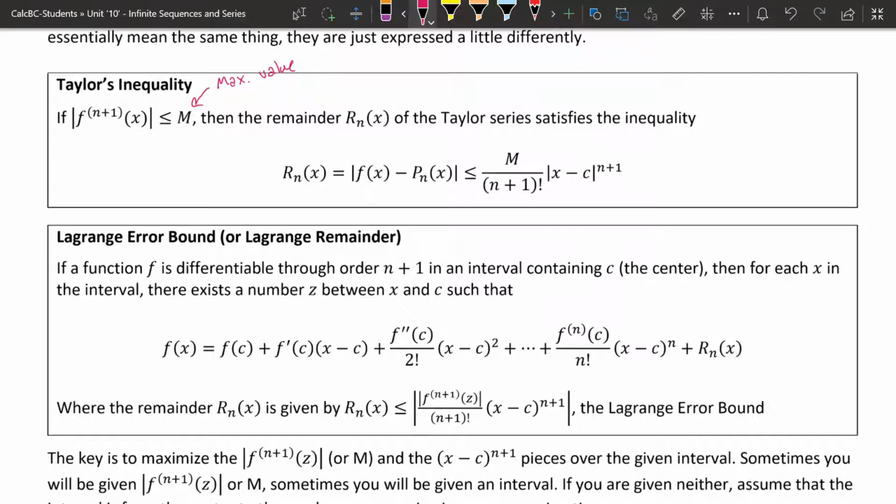You'll notice that should look pretty familiar, especially the right side of that inequality, as just a term in the polynomial approximation series.